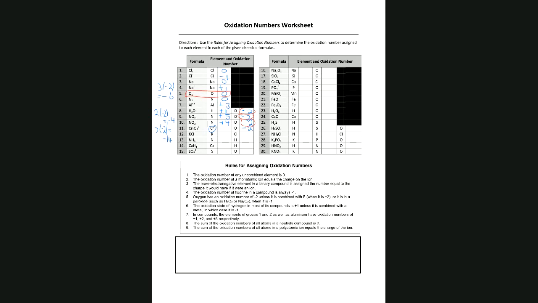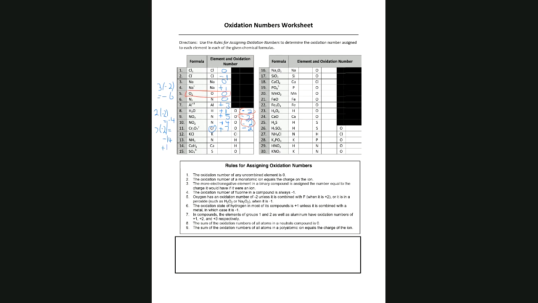He says 7. Okay, let's put it in here. If the chromium is +7 and there's 2 of them, then 2 times +7 is going to be +14, right? So put that over here.